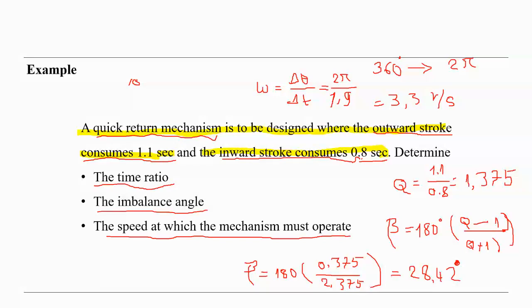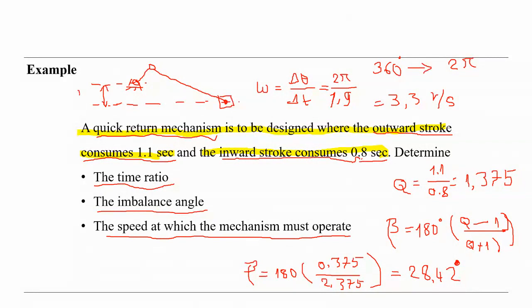Offset means the slider is somewhere on this line here. This is length 2, and this is length 3. So there is a distance in between. This means an offset slider crank mechanism.